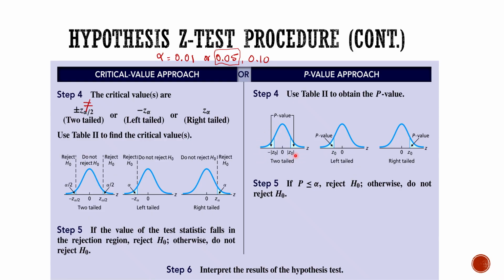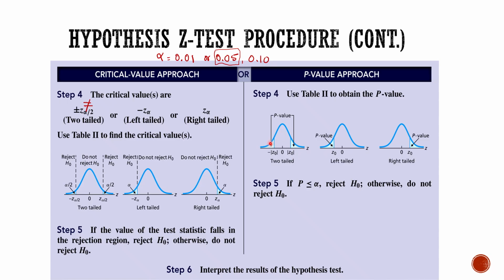the negative. Let's say that we have a positive test statistic value. Make sure you show the negative counterpart of it as well on your diagram. If it's a negative test statistic value, make sure you show the positive counterpart of it on the right hand side.